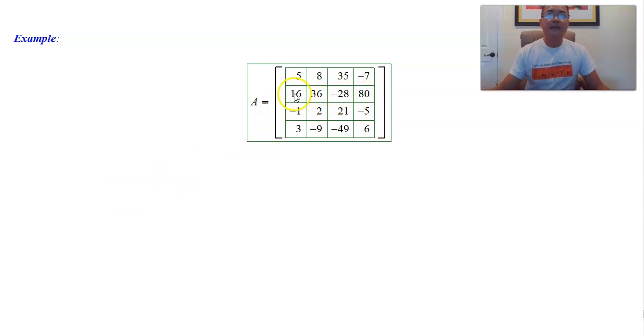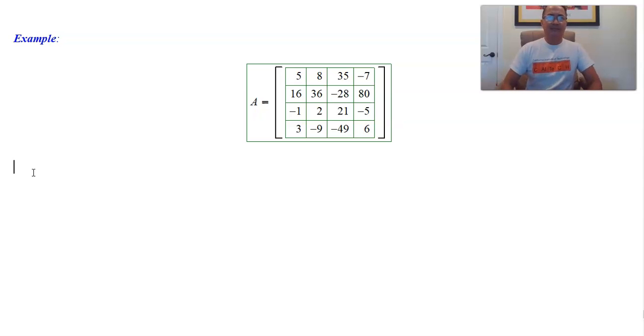Check it out. Every number in row 2 is divisible by 4, our biggest common factor there. And every number in column 3 is divisible by 7. So we're going to do scales.